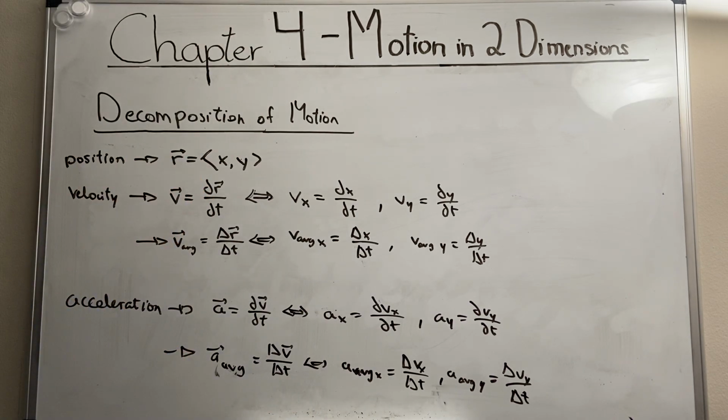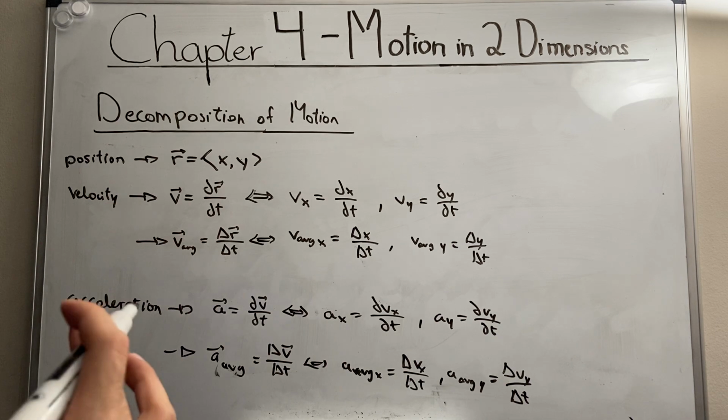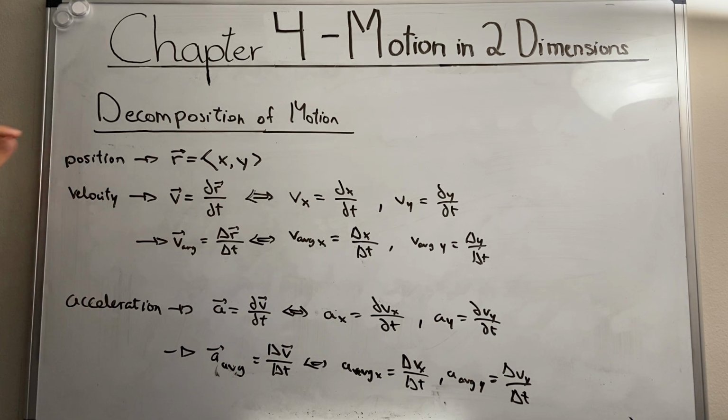And that's it. We now have a whole new set of equations, right? And you don't have to memorize these, you just have to be aware that we're going to have to decompose velocity, acceleration, and position into x and y. And that's pretty much it.